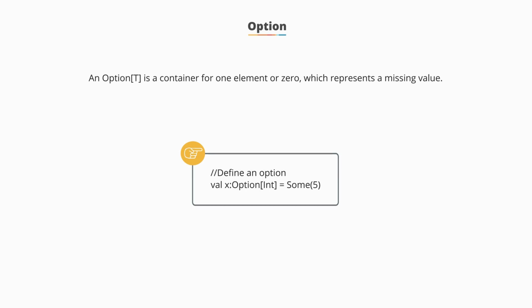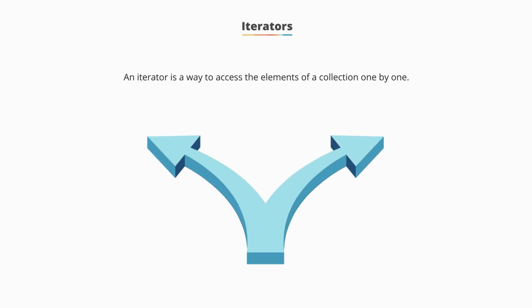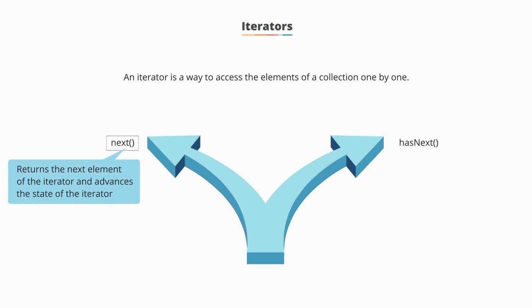Iterators. An iterator is a way to access the elements of a collection one by one. The two basic operations on an iterator are next and hasNext. A call to it.next will return the next element of the iterator and advance the state of the iterator.